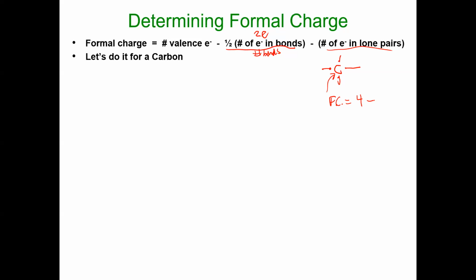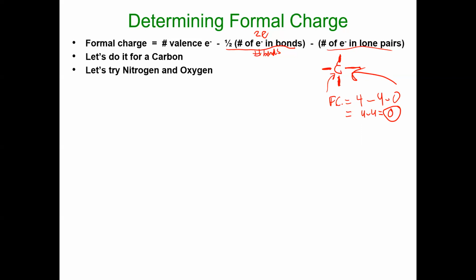I just say subtract the number of bonds. Well, we just said it has 1, 2, 3, 4 bonds. And we would subtract the number of electrons in lone pairs. Well, carbon doesn't have lone pairs, so we would make that 0. And then 4 minus 4 equals 0. So this carbon atom likes to have 4 bonds because it wants a formal charge of 0.